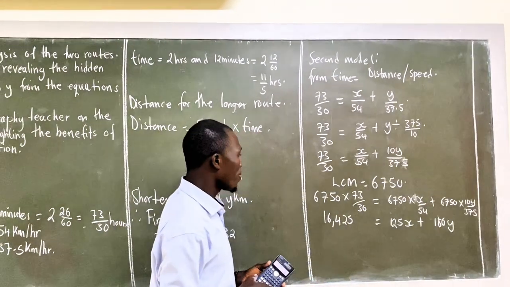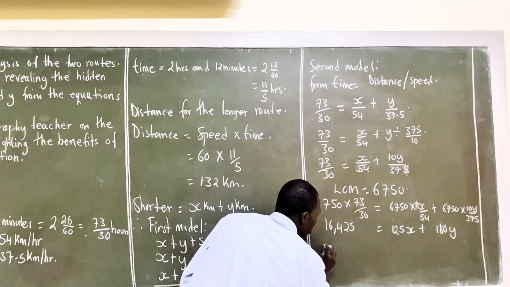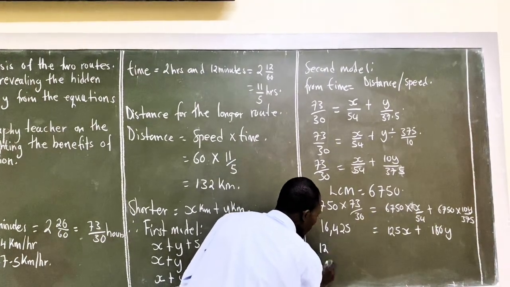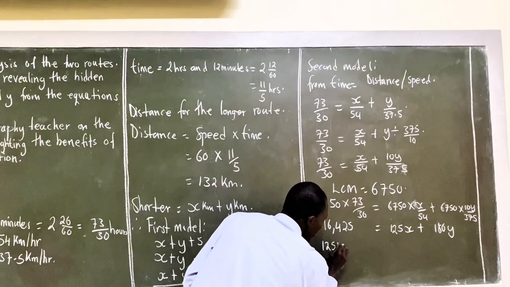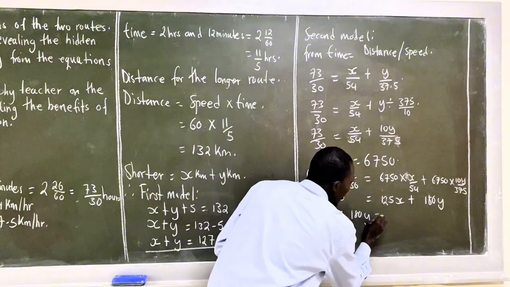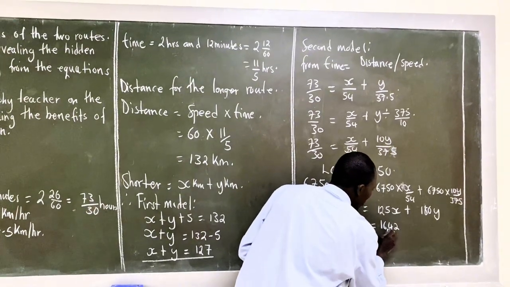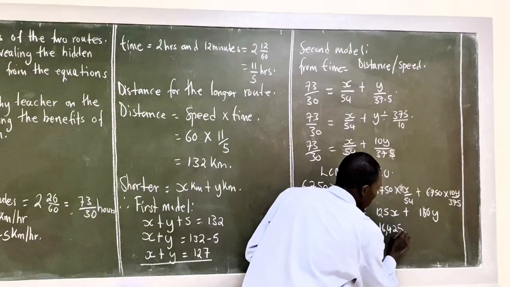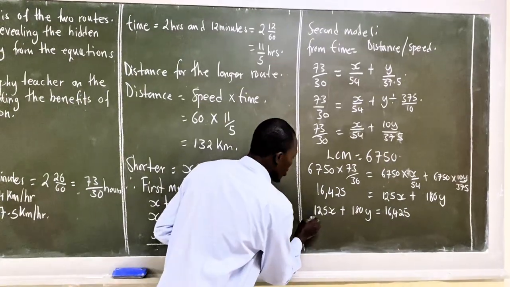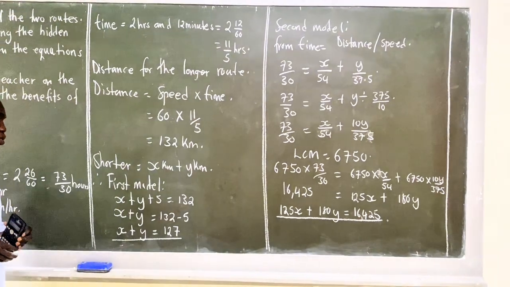So our model now therefore becomes 125x plus 180y is equal to 16,425. So this will become now our second model.